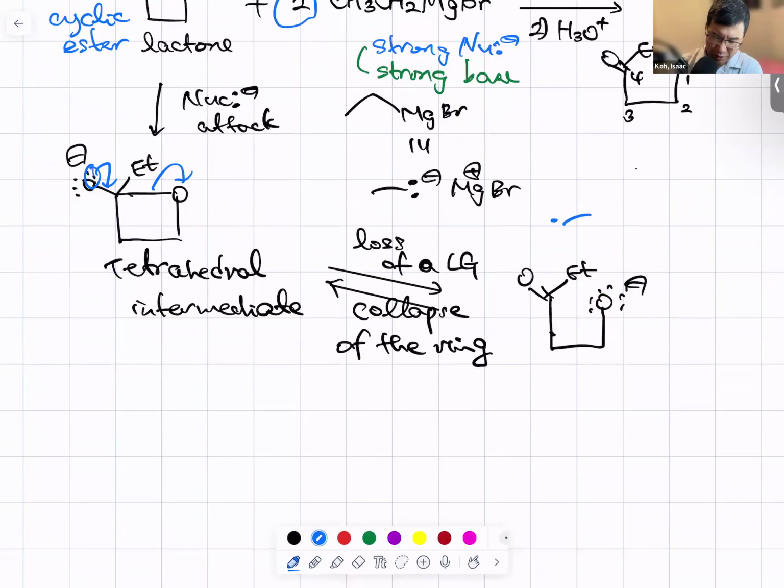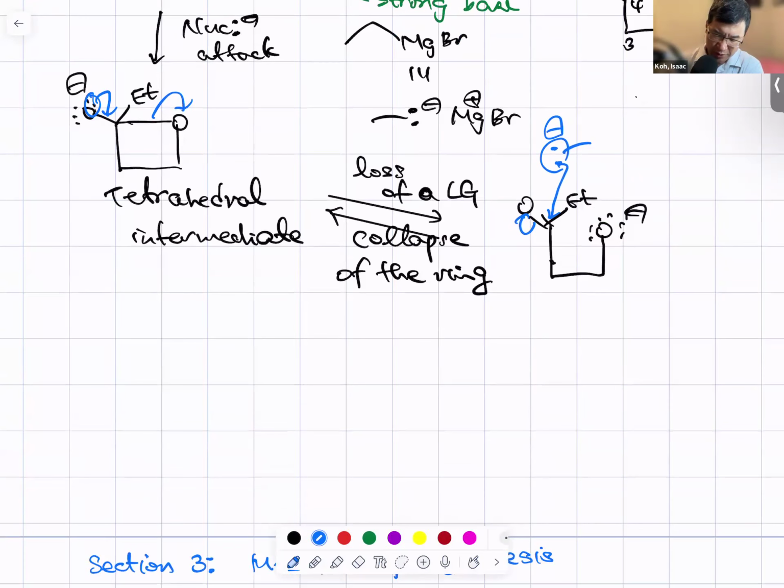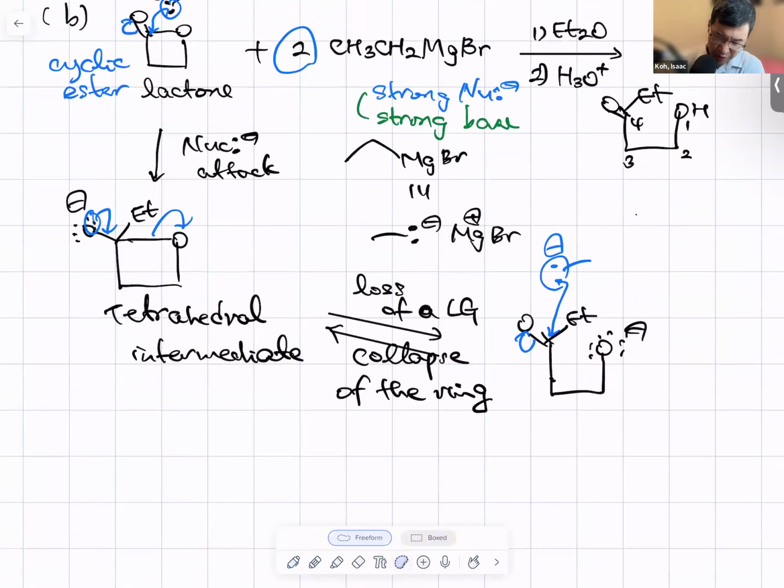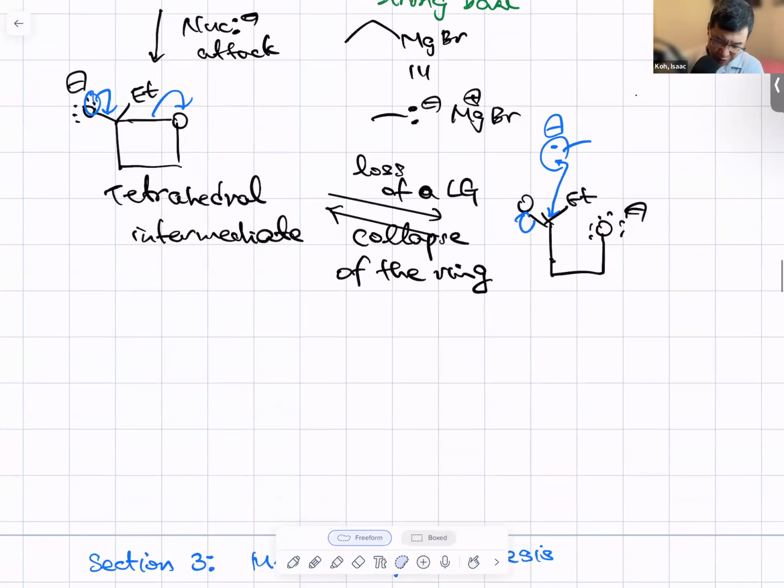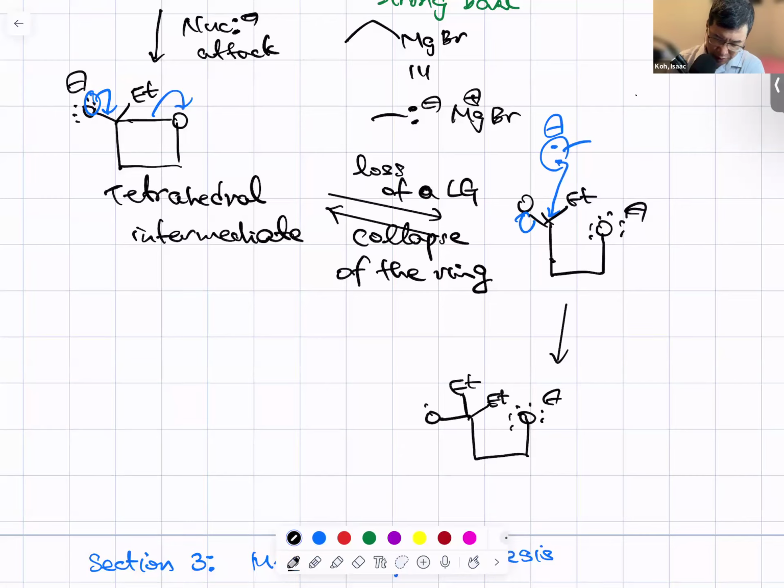So then again, the second equivalent Grignard reagent will attack this carbonyl carbon and push up the pi bond to this oxygen, making an irreversible process, making into oxide ion right there, and then two ethyl groups, ethyl, ethyl, and oxide right there.